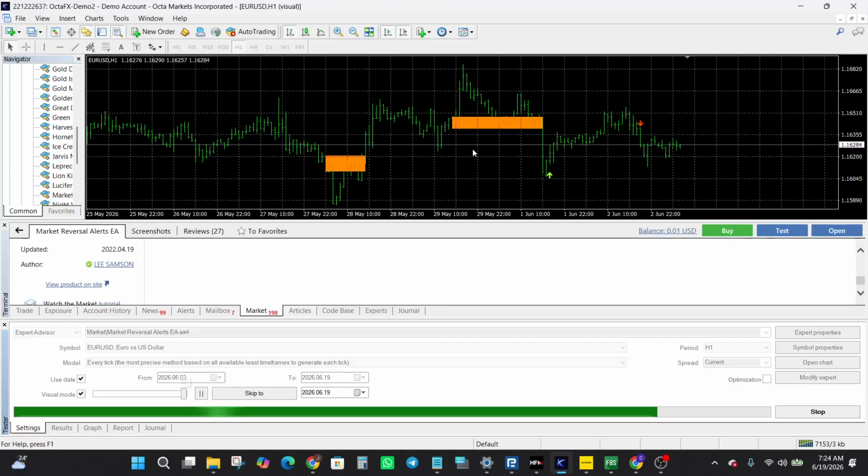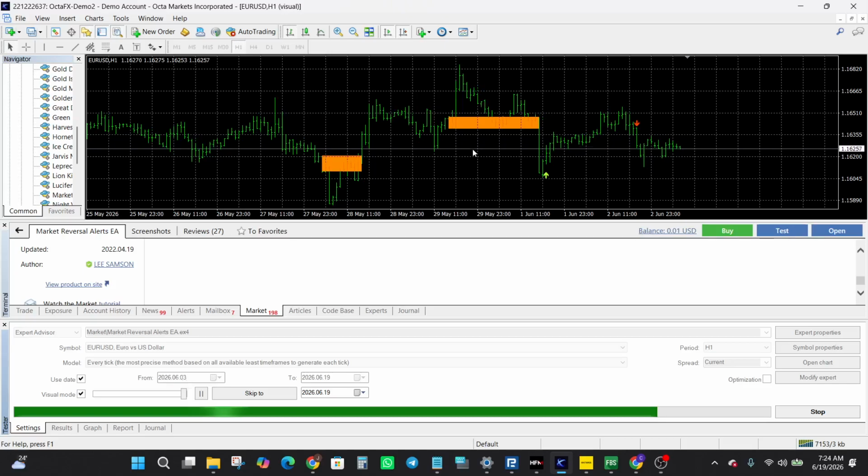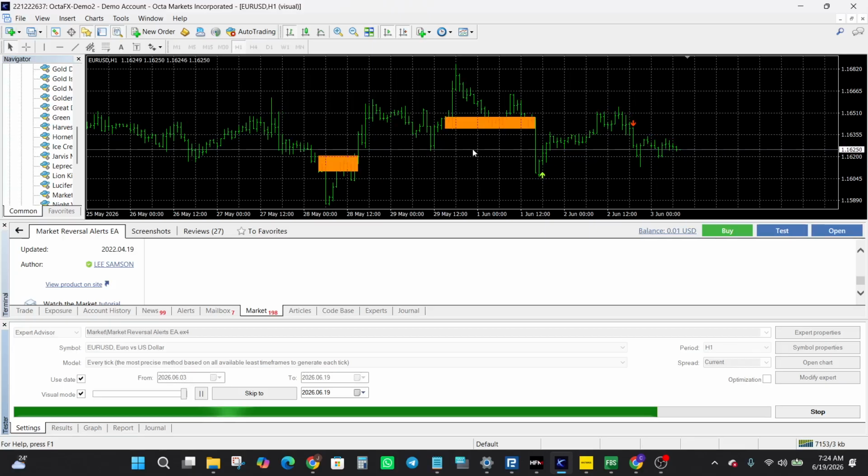Different configurations may produce different outcomes, but overall, the Market Reversal Alerts EA for MT4 and MT5 offers a configurable approach centered around market structure reversals, extensive entry filtering options, and flexible trade management tools. As always, I recommend thoroughly testing and optimizing the EA yourself before considering any live deployment.